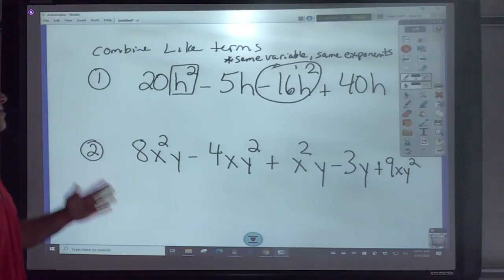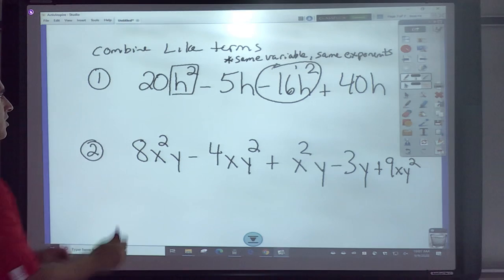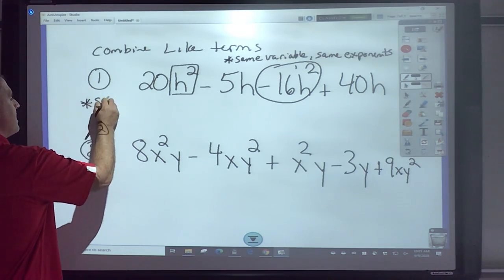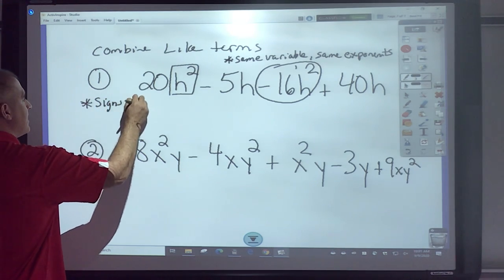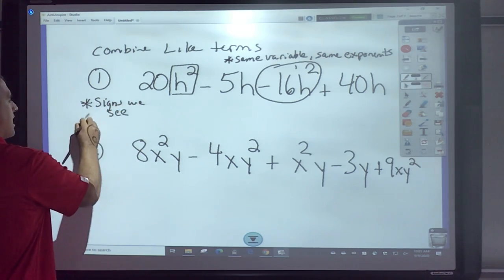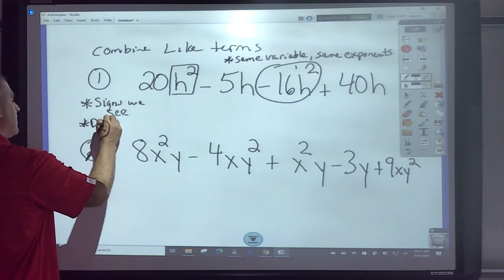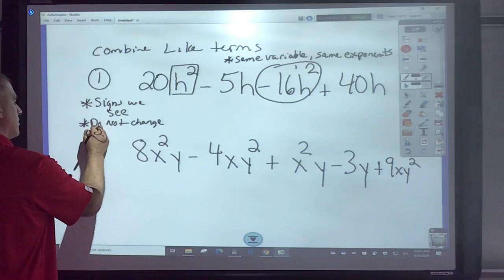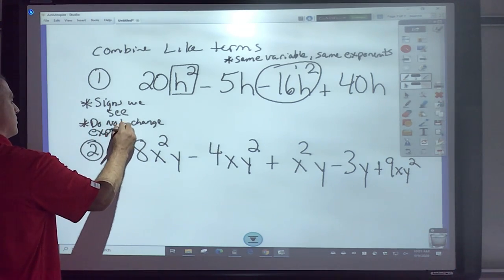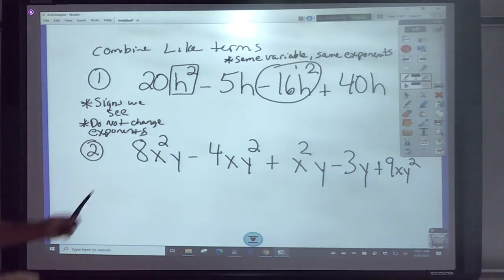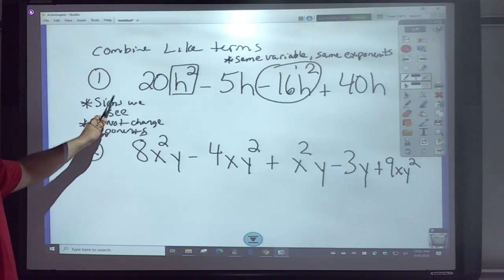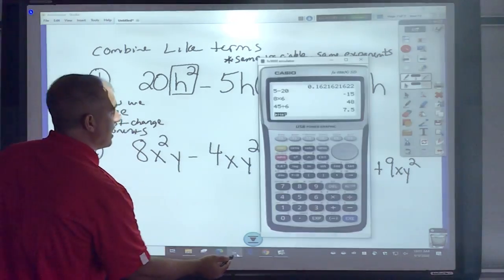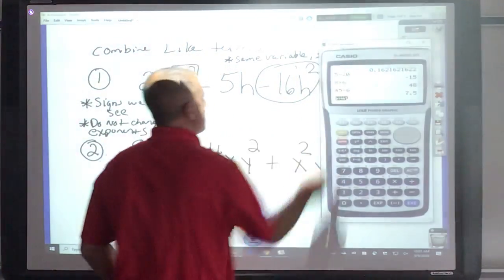Now, when we combine like terms, all we're going to do is use the signs we see, and we do not change the exponents. What do I mean by that?